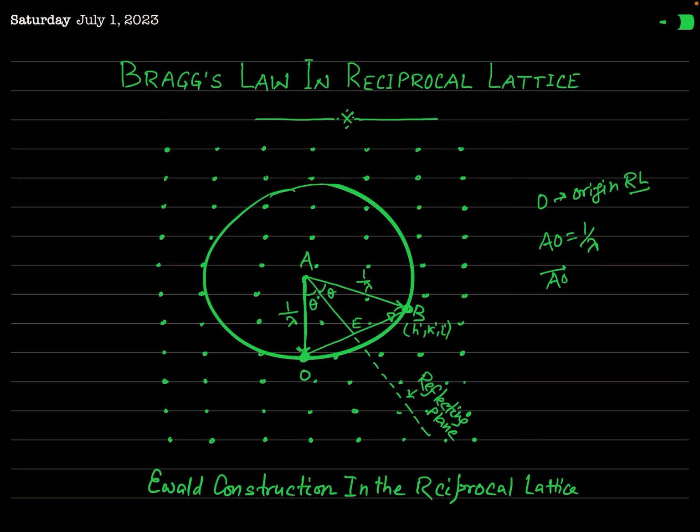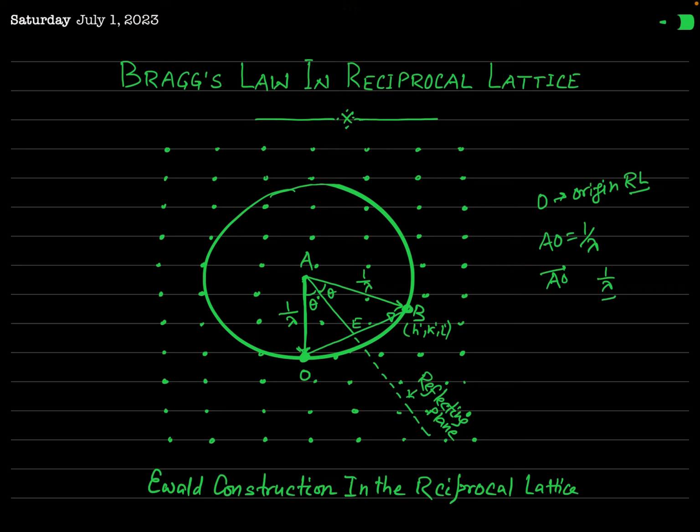Now taking this point A as a center and 1 over lambda as a radius, that is AO as radius, let us draw a sphere which you can see in this figure. The center of this sphere is at point A, and its radius is AO, which is equal to 1 over lambda.